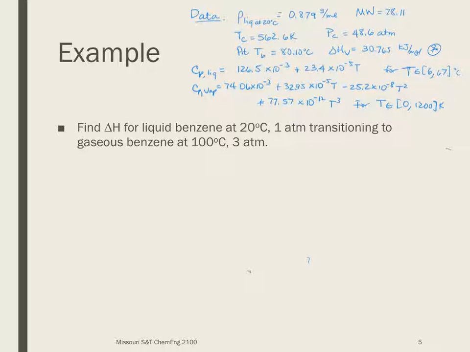And so instead, I'm going to use Chen's rule to estimate the heat of vaporization at 67 degrees C.